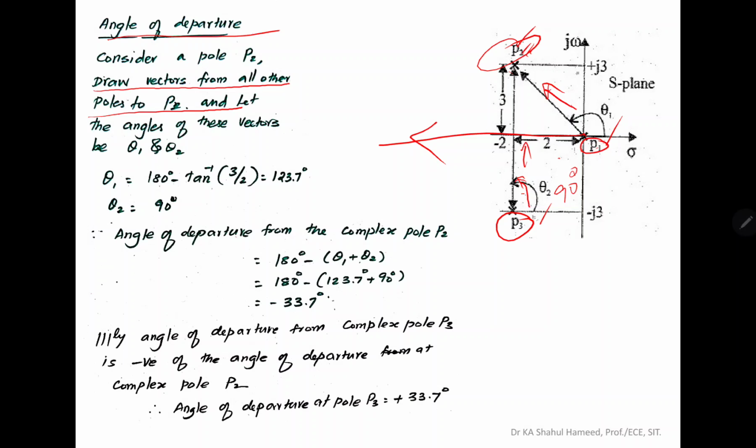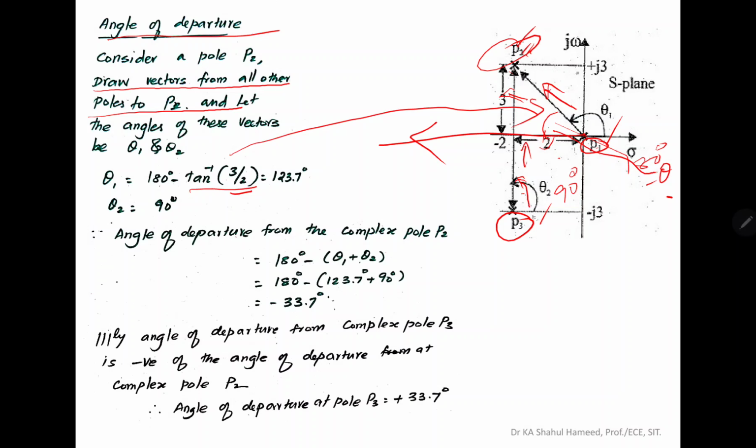Otherwise you can find the angle by finding this angle, theta, and subtracting it from 180 degrees. This theta can be determined by tan inverse of opposite side by adjacent side, that is 3 by 2, and then 180 degrees minus this one.